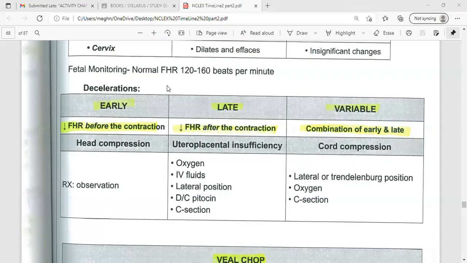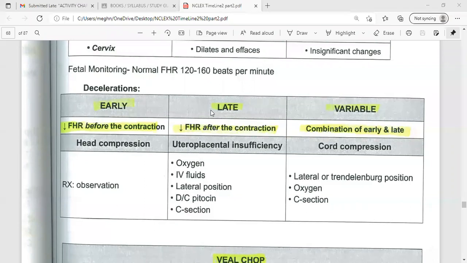So if the heart rate is less than 120 per minute, which we call deceleration, there are three types of deceleration: early, late, and variable.